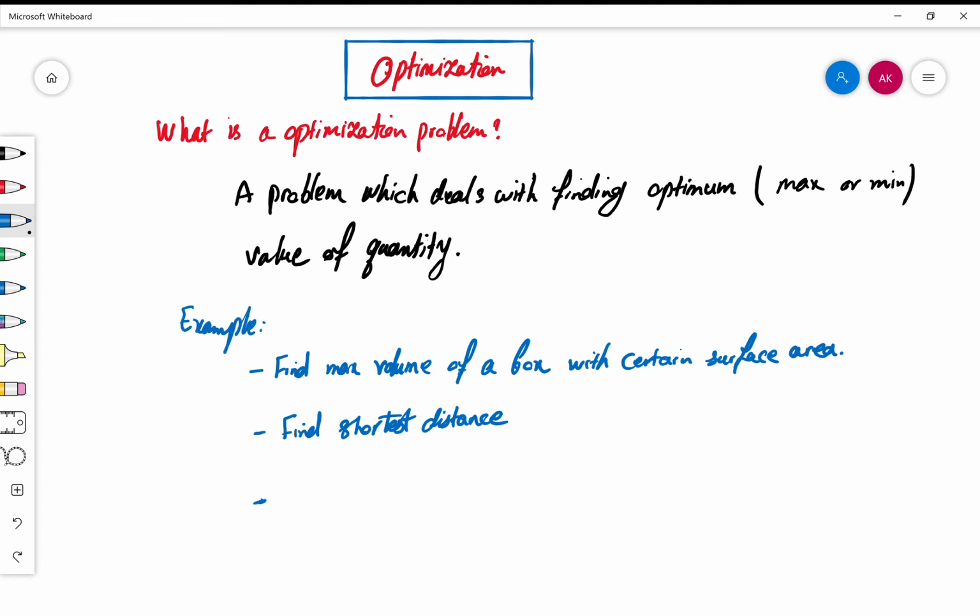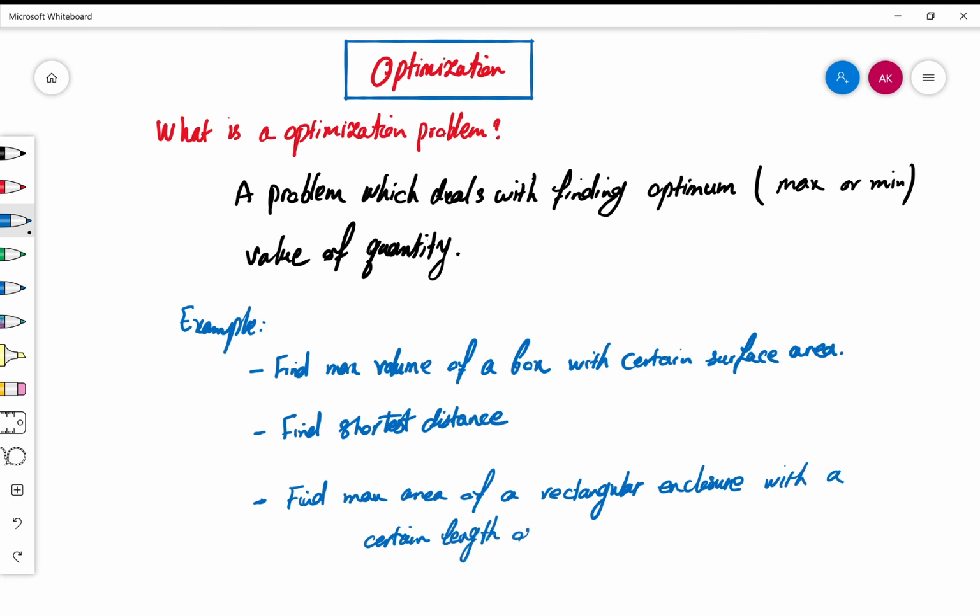Another example would be to find the maximum area of a rectangular enclosure with a certain length of fencing material.